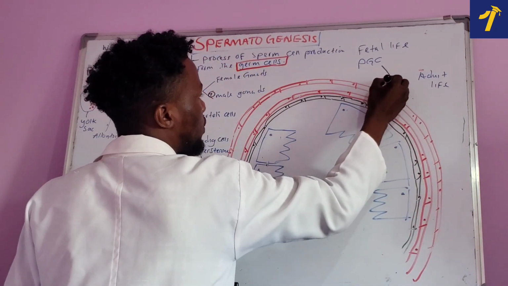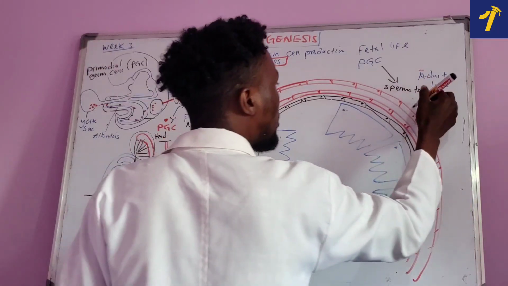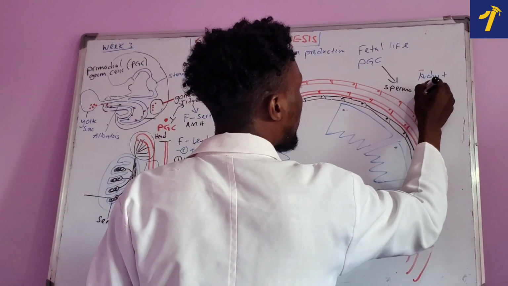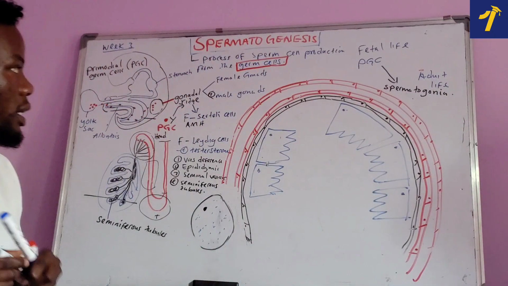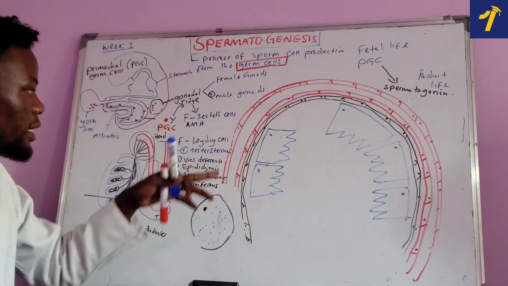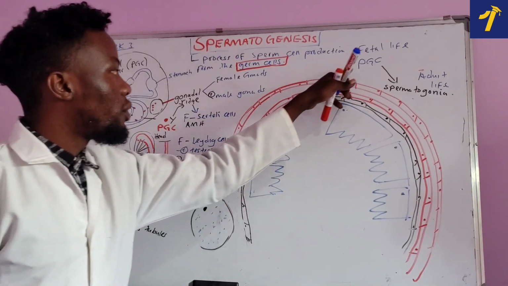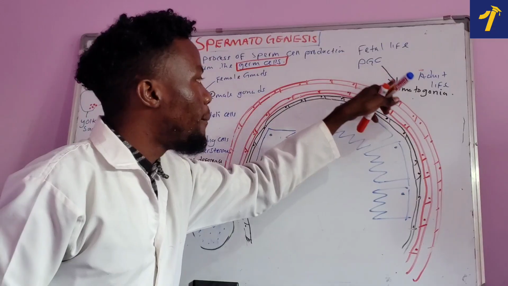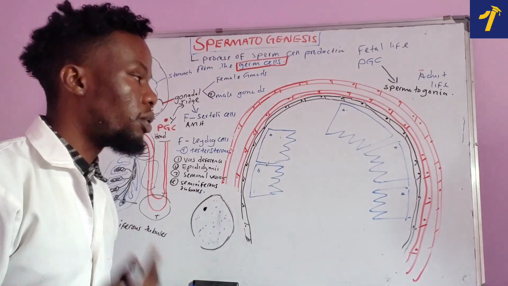It's a longer name. So in fetal life, the primordial germ cells that came into this structure are called primordial germ cells, but after birth the name changes to spermatogonia.